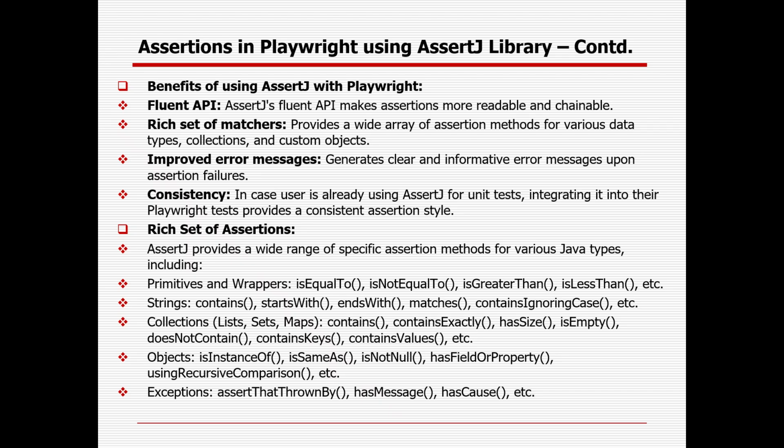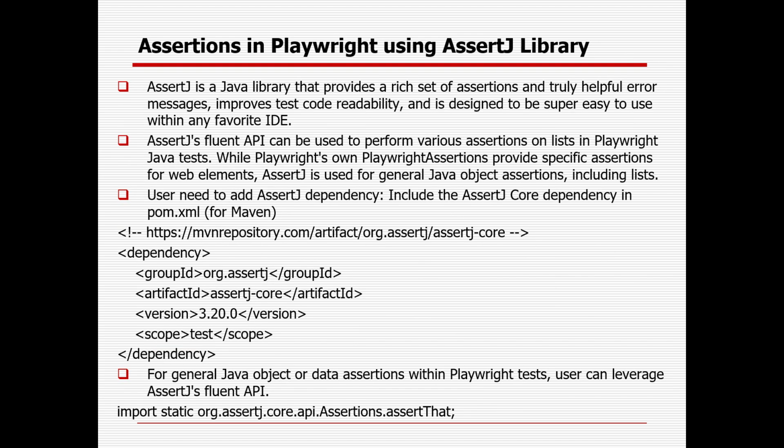You can validate primitives and wrappers. There are different types of methods available for primitives and wrappers, string, collection, object, and exception. So this is the additional library, which provides the user a rich set of assertions.